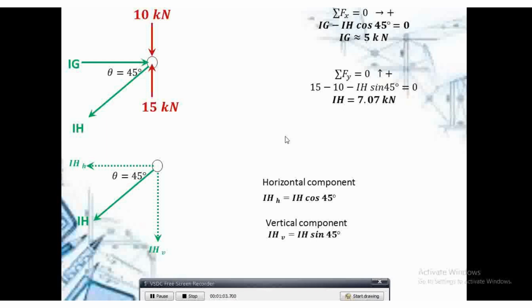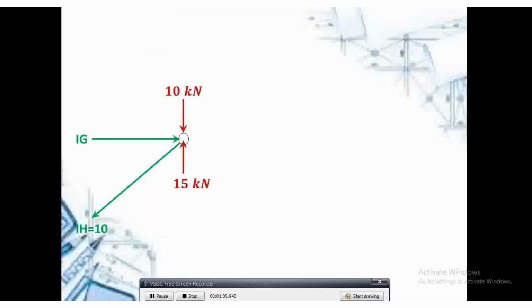What if the given problem is like this? The same, IH is already given. Just an example. IH is equal to 10, wherein the given slope of IH is vertical 3, horizontal 4, and the hypotenuse is 5. The angle is not given. So, how do we solve when it is like this? To determine the horizontal component of IH, that is equal to 4 over 5 times IH.